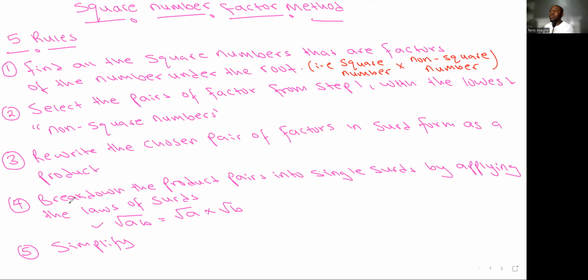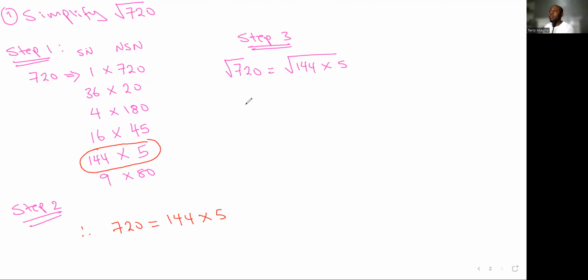It says now we need to break down the product pairs into single surds by applying the laws of surds. So we'll break down the pairs. Step 4 is going to be the square root of AB. We know that's equal to the square root of A times the square root of B. So we can now say the square root of 720 is going to be equal to the square root of 144 times the square root of 5.